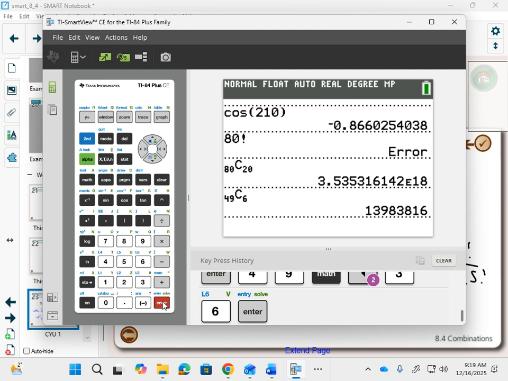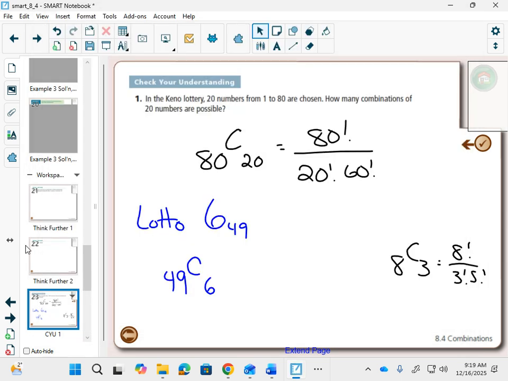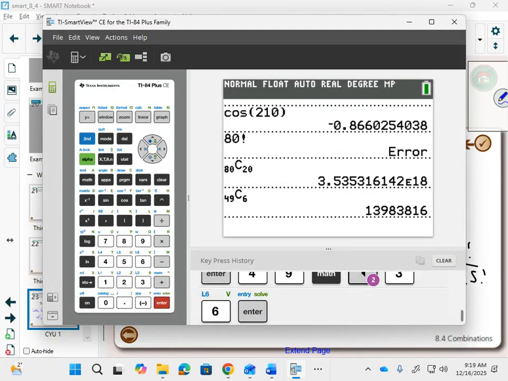Okay, so I was only off by about 10,000, not too bad.